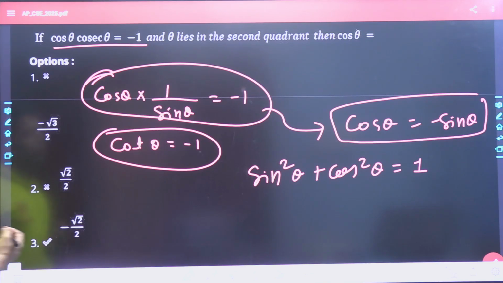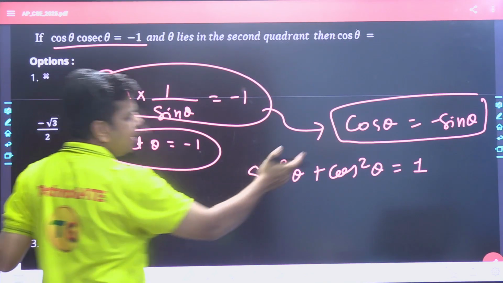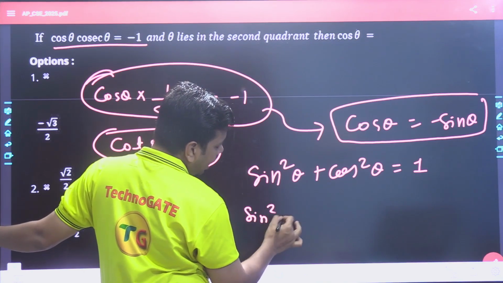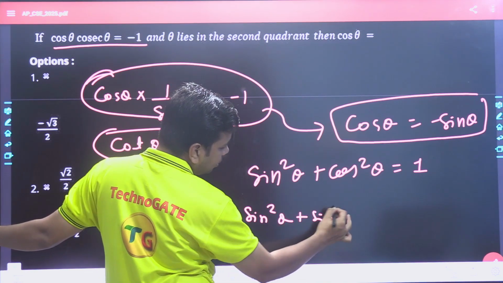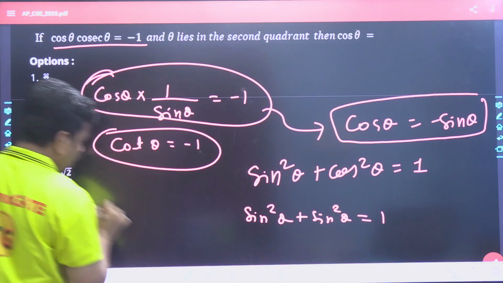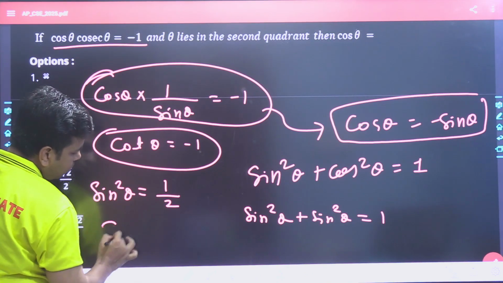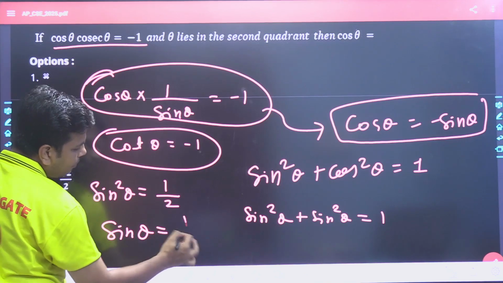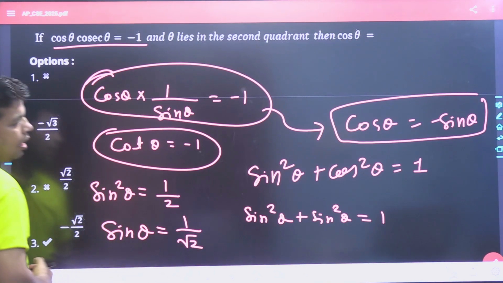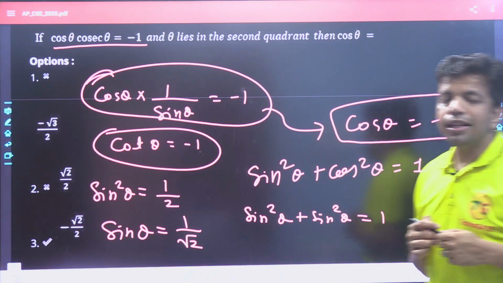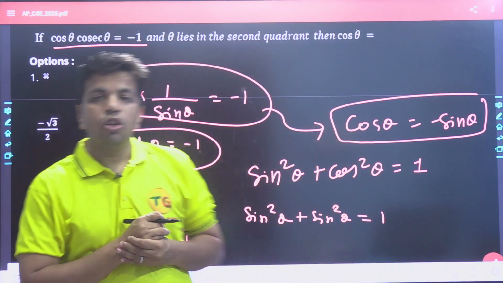What they are asking, cos theta, let's see it. Sin square theta plus sin square theta equals 1. Sin square theta what? Sin theta what? 1. Now at the place of cos theta, you can put sin theta.